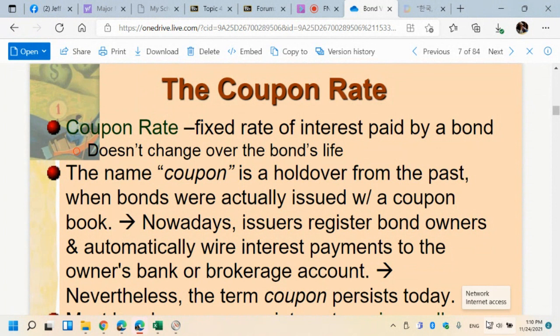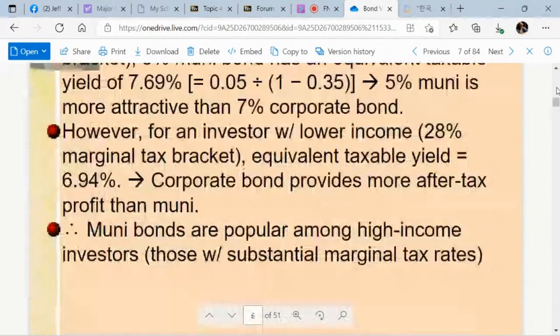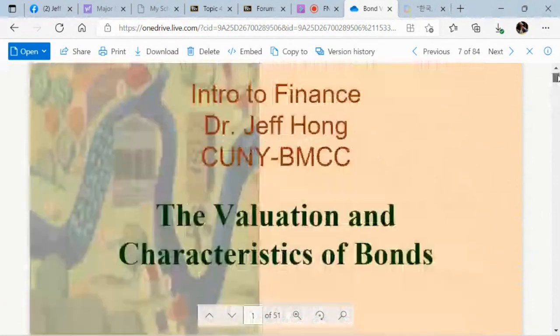In the U.S., it's called treasury securities, but in most other countries, it's called sovereign bond, bond of the sovereign nations. Then corporations can sell bonds, so it's called corporate bond. And then municipal bonds, from the state government or municipal government.